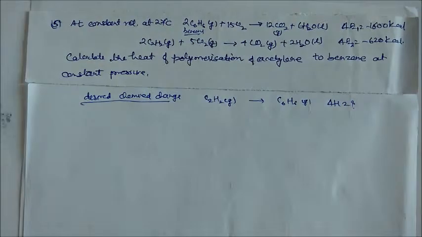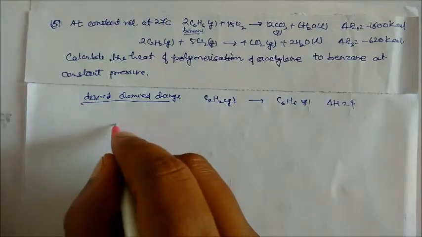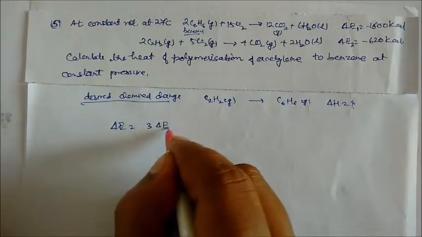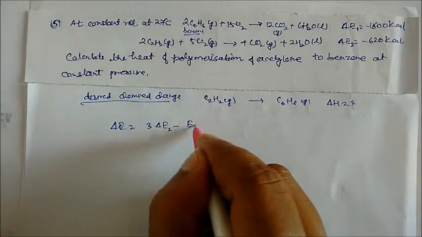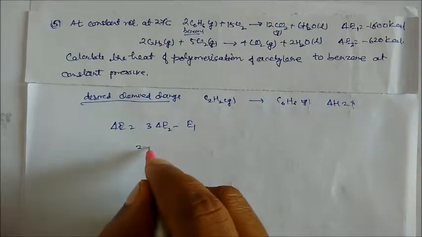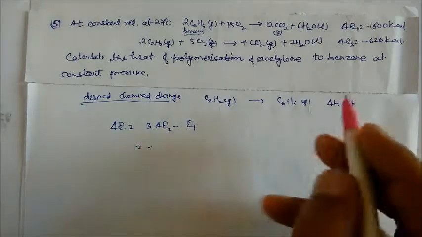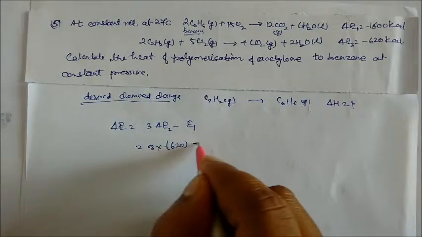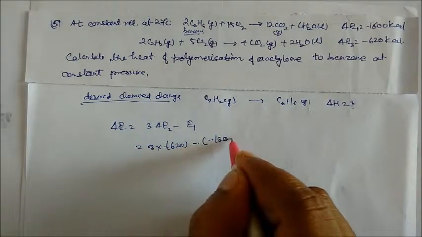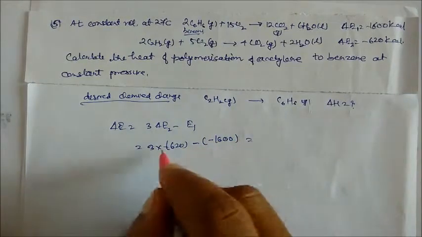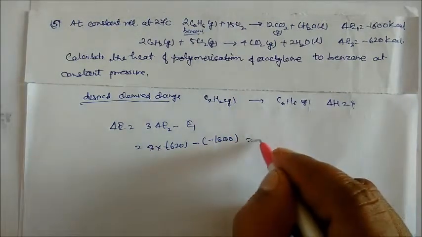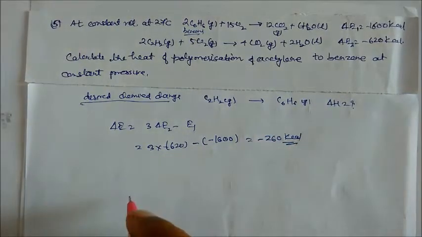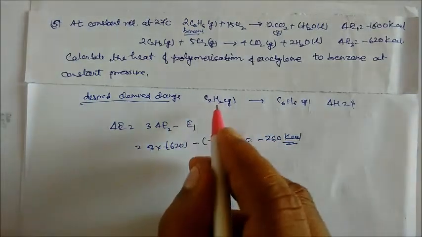So what we will do: the change in internal energy is equal to 3 into the change for 2 minus the change for 1. So this is nothing but 3 into minus 620, and minus minus 1600. So how many calories will we get? Multiplying it, it comes to about minus 260 kilocalories.